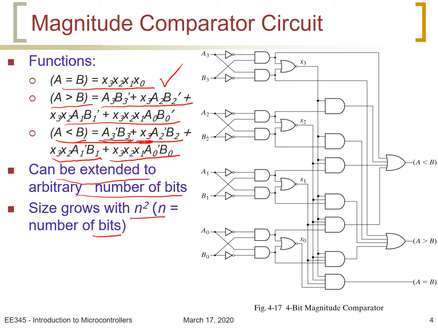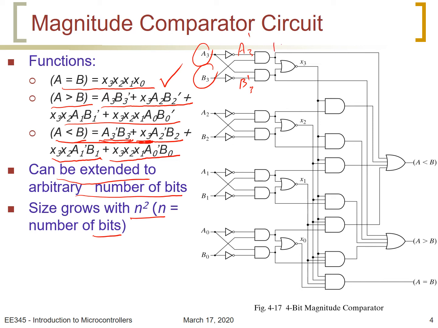Let us look at the circuit. First of all, we draw the circuit for the equivalence function, which is X3. For X3, that's so easy because we have here A3 and B3. We put an inverter for B3, we have B3 prime here, and an inverter for A3, A3 prime, and we AND.